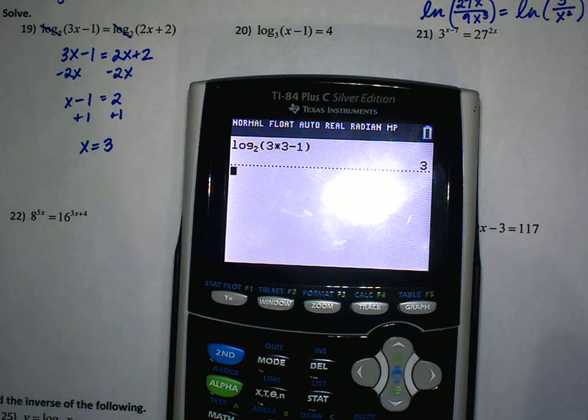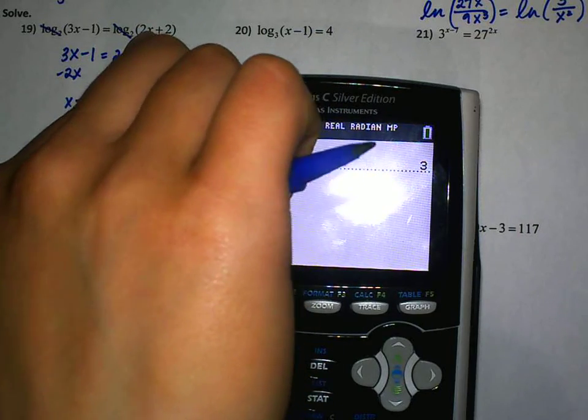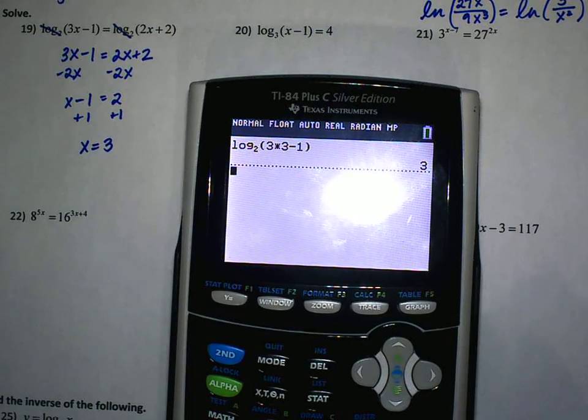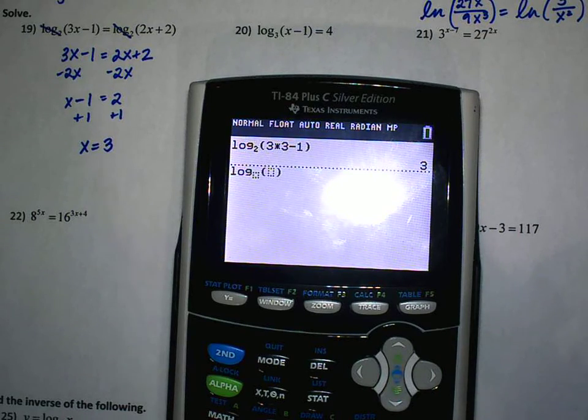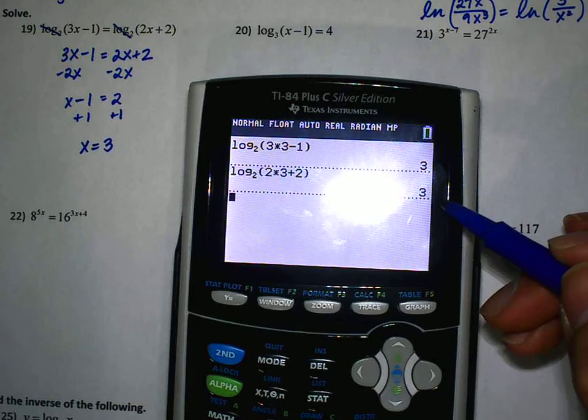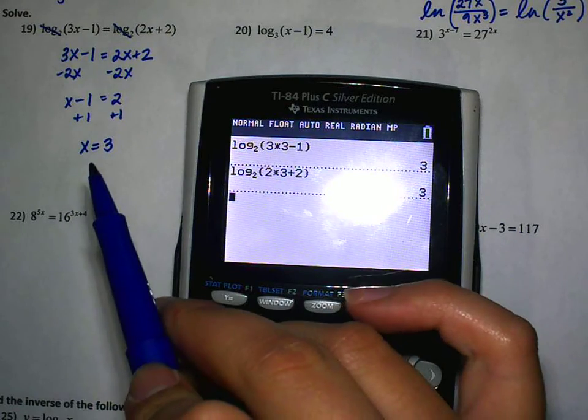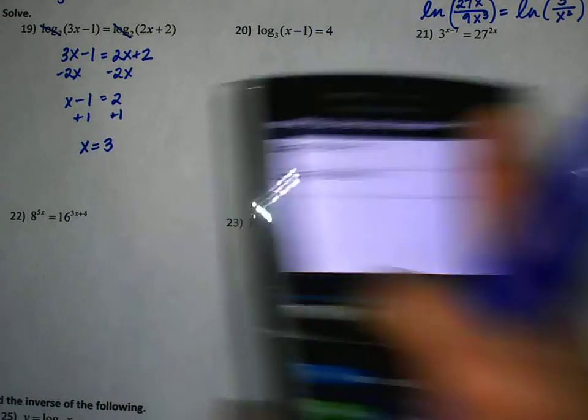That equals 3 on the left. Now I hope when I type this in, it also equals 3. So I'm going to go math, option A, base 2 of 2 times 3 plus 2. So the left is equal to the right, so I know my answer of x equals 3 is correct.